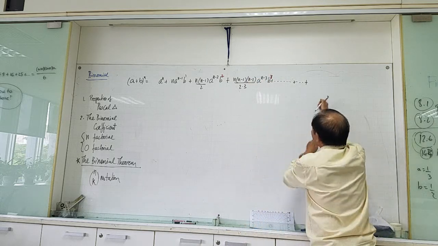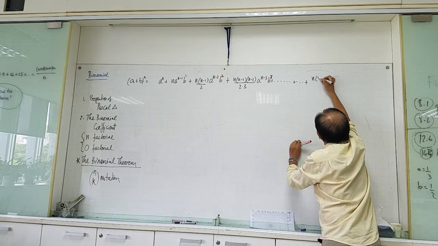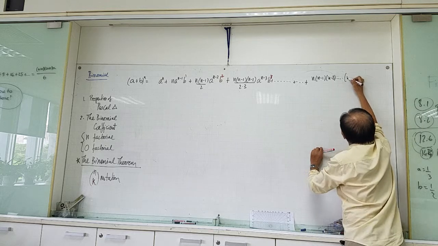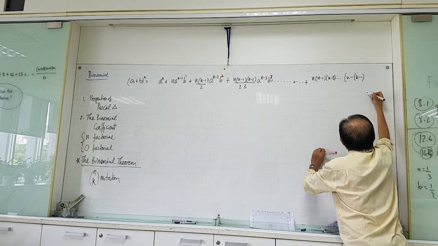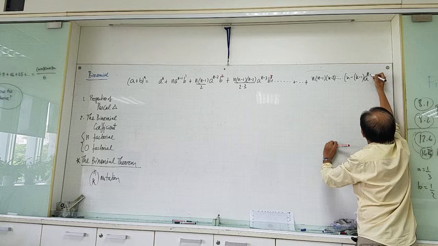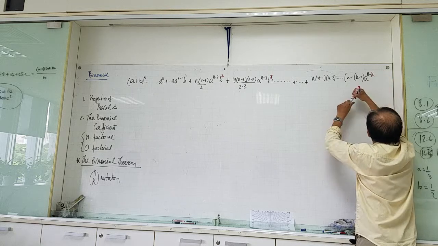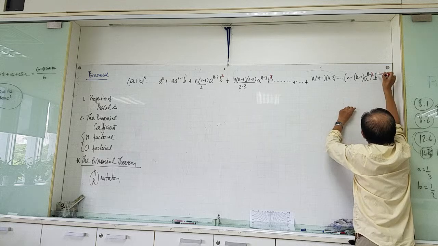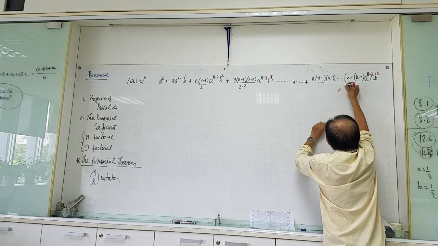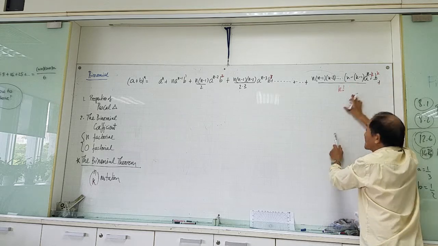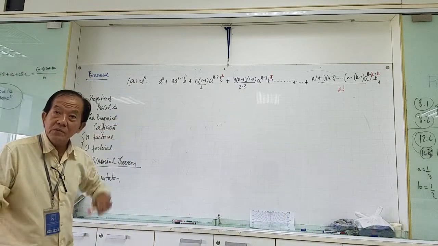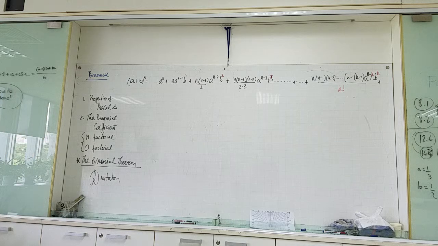Then finally you have somewhere n times (n-1) times (n-2) ... times (n-k+1), times a^(n-k) times b^k, divided by k factorial. At this moment, don't worry about this one. I just put this here, and at the end I will connect it to the very complicated formula.